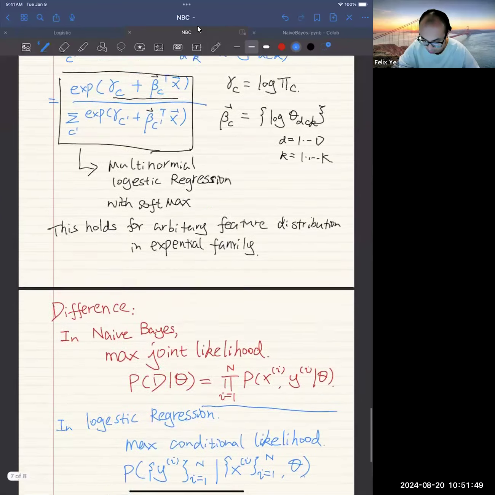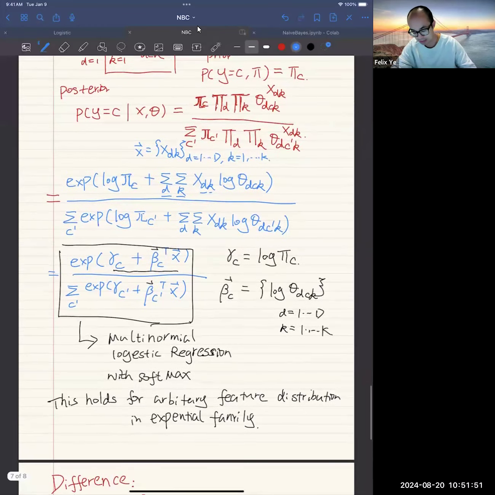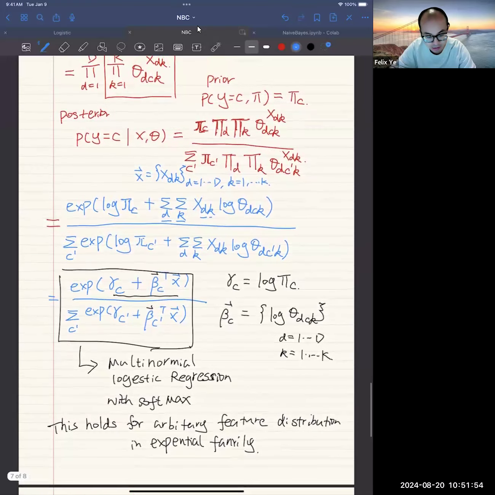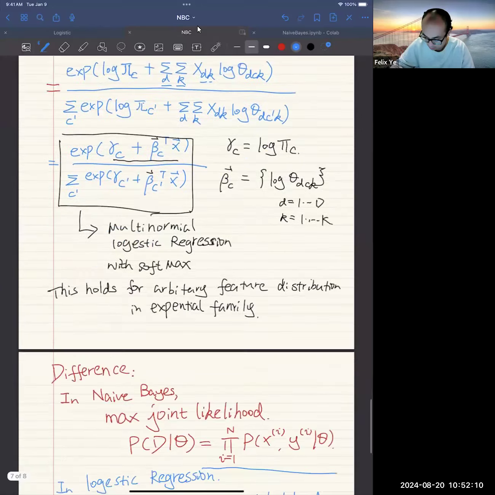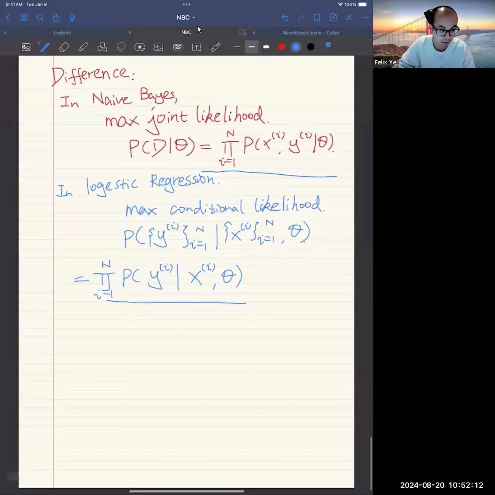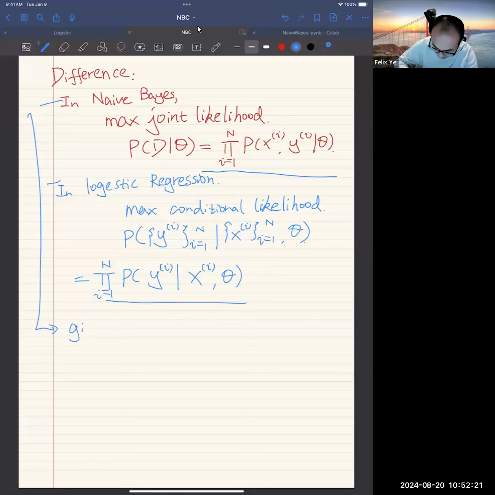But of course, if we use naive Bayes and look at everything in terms of the posterior distributions, this actually goes back to the logistic regressions. But in general, this will give you different results. So that's why both usually give different results.